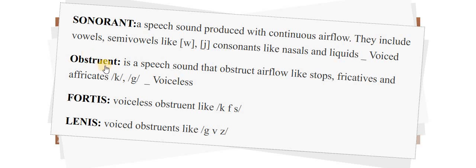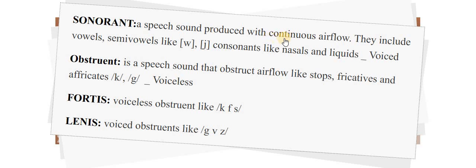Since we mentioned obstruents, let's talk about sonorants. What is a sonorant? We said that an obstruent obstructs or stops the airflow. Here the sonorant is produced with continuous airflow, so it allows for the airflow. It's a speech sound produced with continuous airflow.